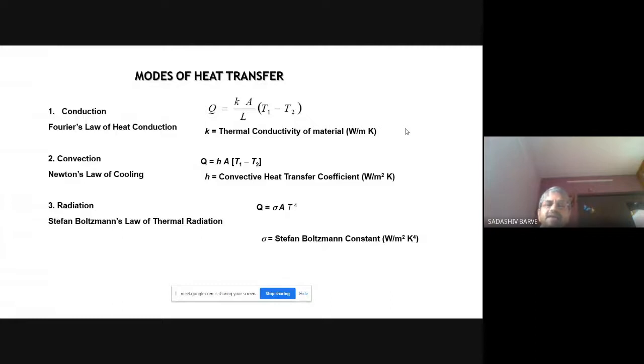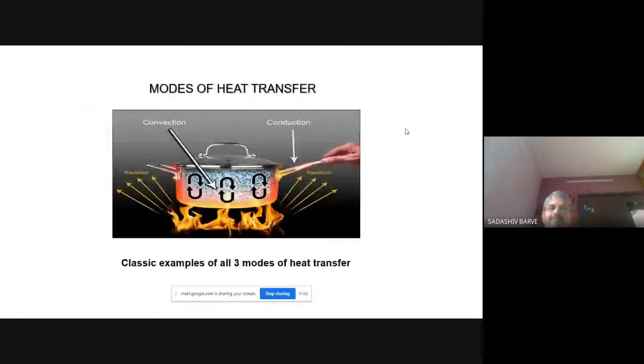And T, one should remember, T here is in Kelvin, not in degree centigrade. In the previous two cases, it is only delta T. By virtue of that, it can be any unit. It can be degree centigrade, degree Kelvin. But in the case of Stefan-Boltzmann radiation, this T comes as a parameter in degree Kelvin only. Now, this is a similar example to what I told you earlier.